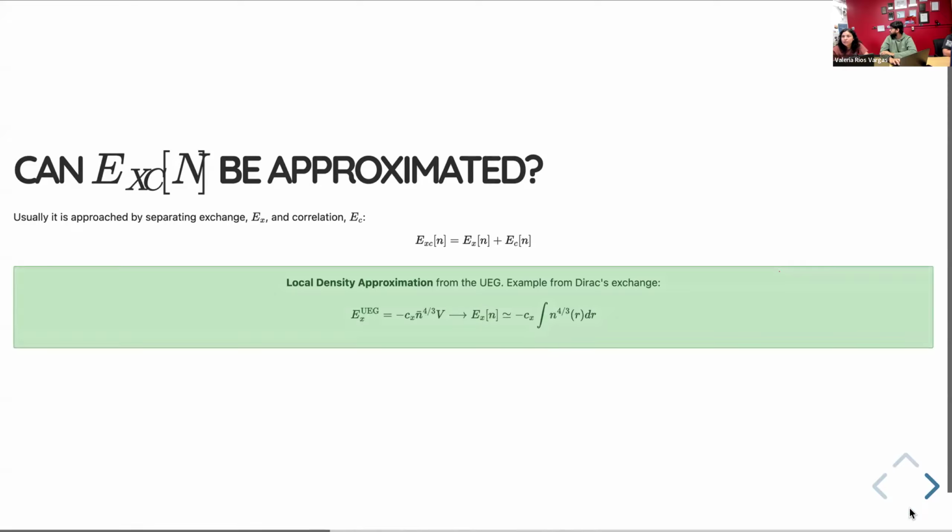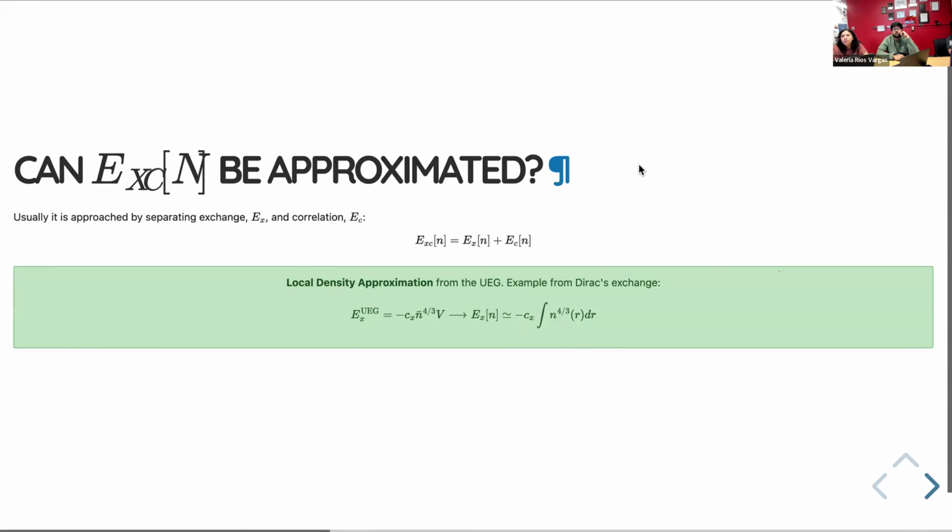So one of the simplest approximations is the local density approximation, which is exact and very accurate for uniform electron gas systems. So for systems where the density is homogeneous, this is the expression for that. And it's an example of the Dirac exchange.